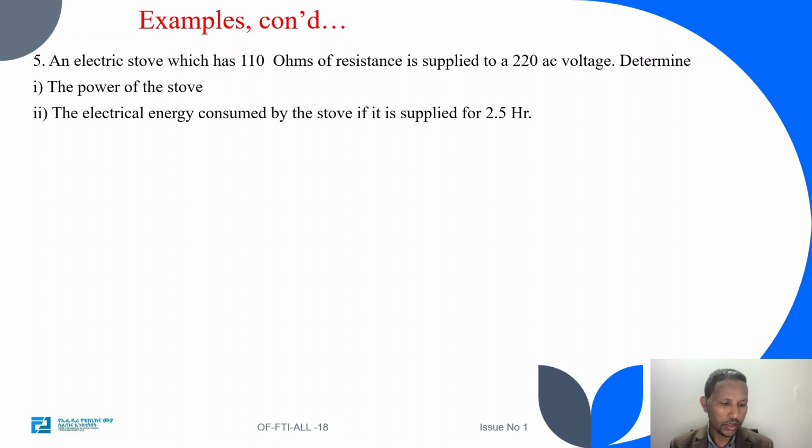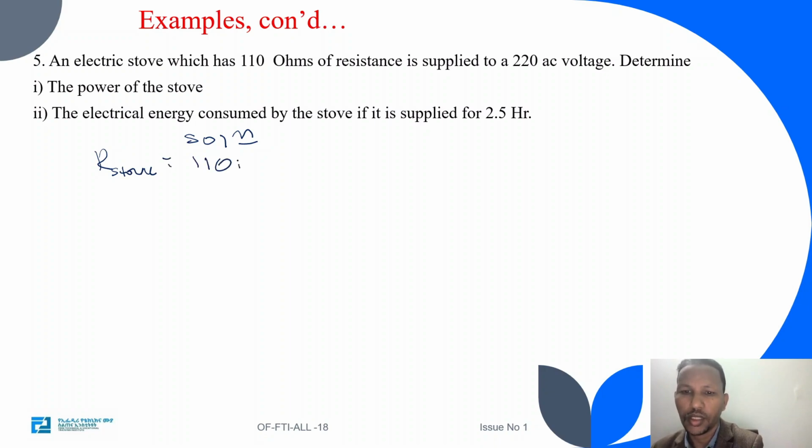The third one, which is an electric stove which has 110 ohms of resistance, is supplied with a 220 volt AC voltage. So determine the power of the stove. For this case, we have given that R of the stove is 110 ohm, and the voltage is 220 volt AC.